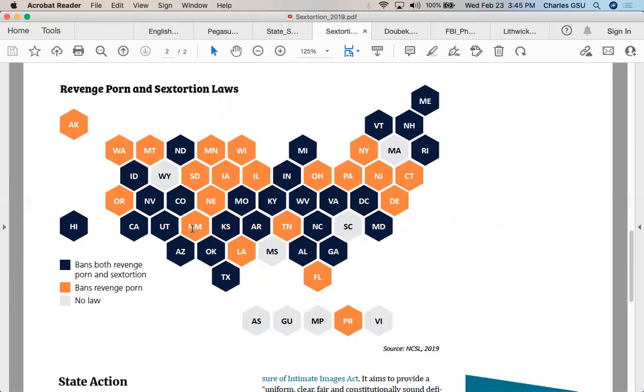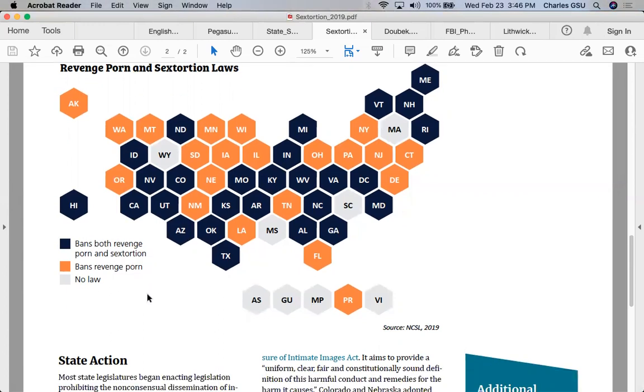So notice here, this map shows you that states in orange ban revenge porn. So, say, Louisiana is in orange there. But it does not also ban sextortion yet, anyway. Who knows if it will? Because in part, it's hard to nail down and define.